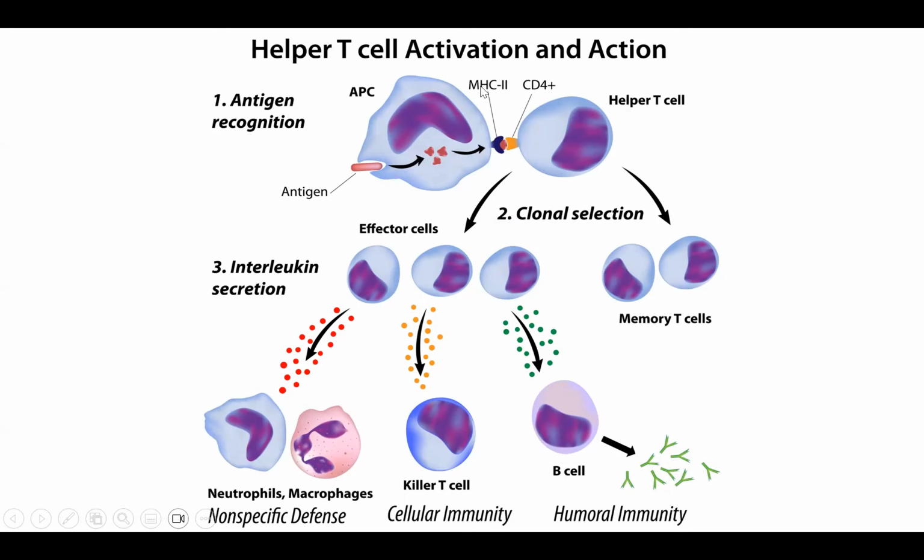Now, there are two types of MHCs. So the MHC1 is for the CD8 and MHC2 is for CD4. So if it's being presented on MHC2, it's going to activate a CD4 positive T cell. If it's on an MHC1, then it's going to be activating a CD8 positive cell.